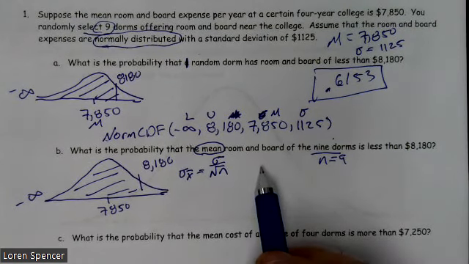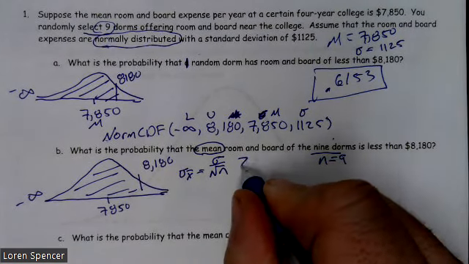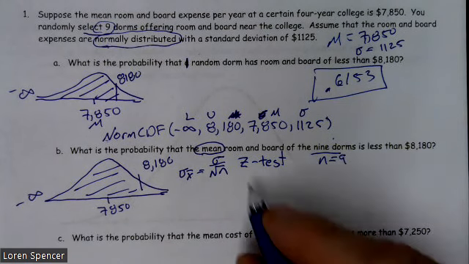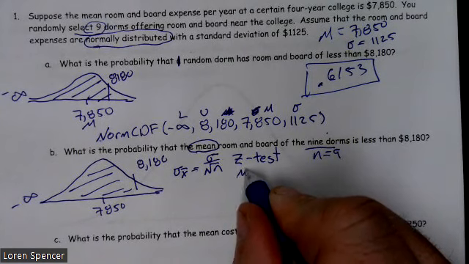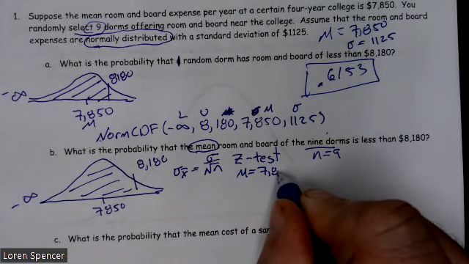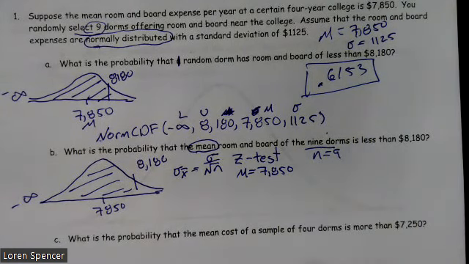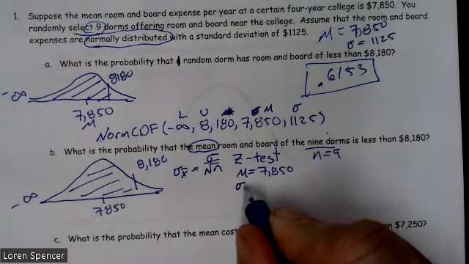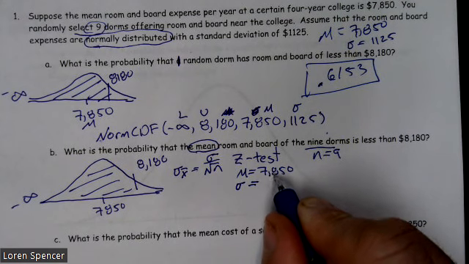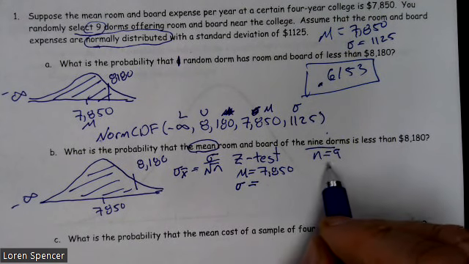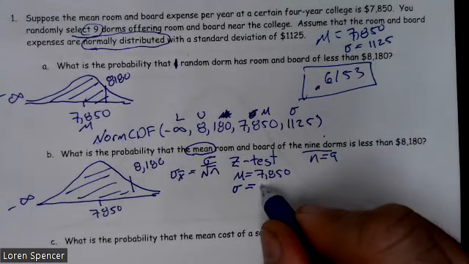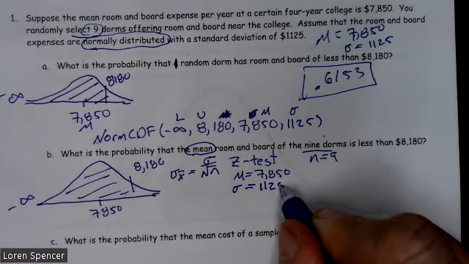So we're going to go to a different part of the calculator. We're going to go to z-test, which you need to write down, and it's going to ask you for the mean. That's the first thing it'll ask for, 7,850. Then it's going to ask you for the standard deviation of the population, which was 1,125.